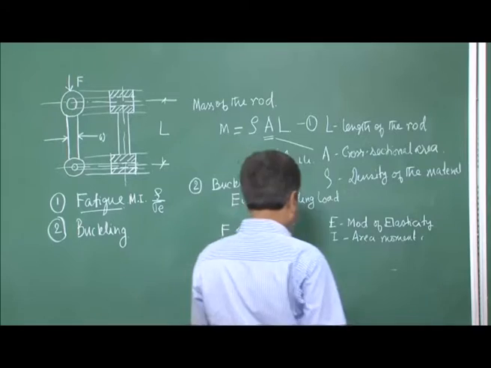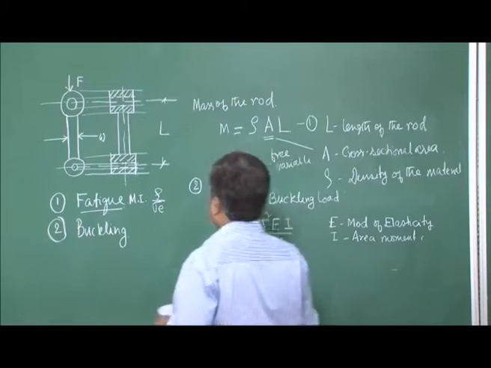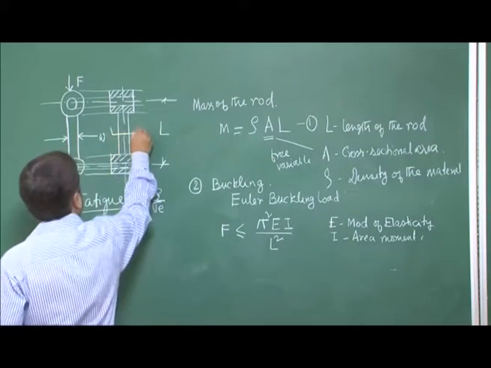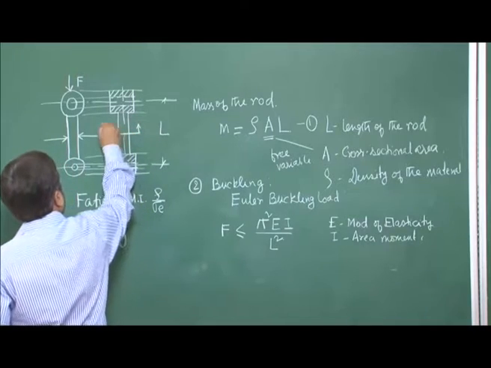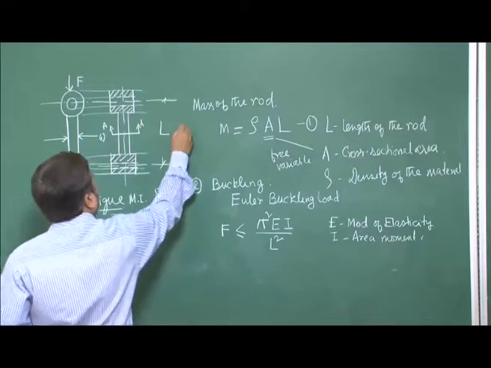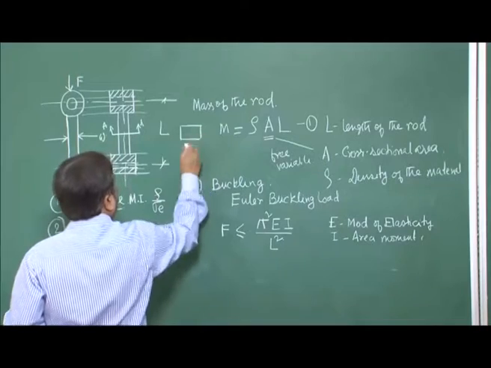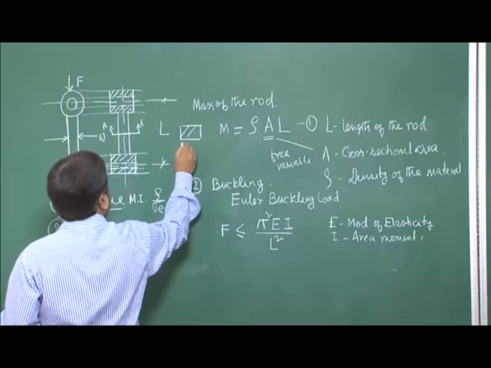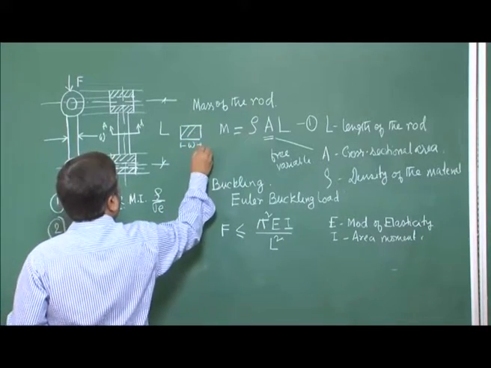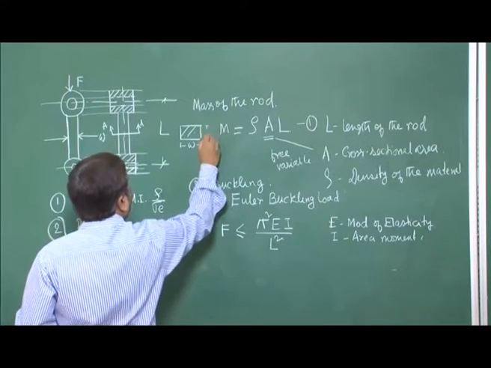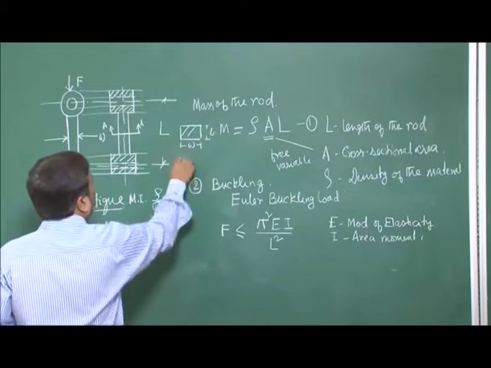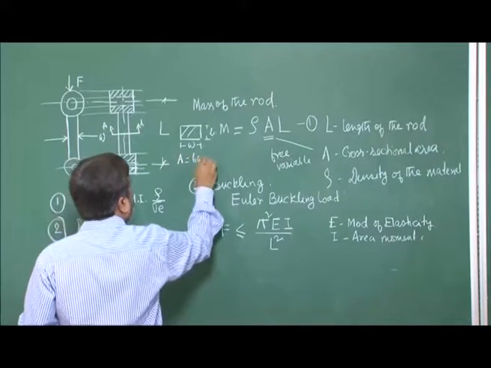If you think of the cross section here, suppose this is W and this is B, then area is BW.